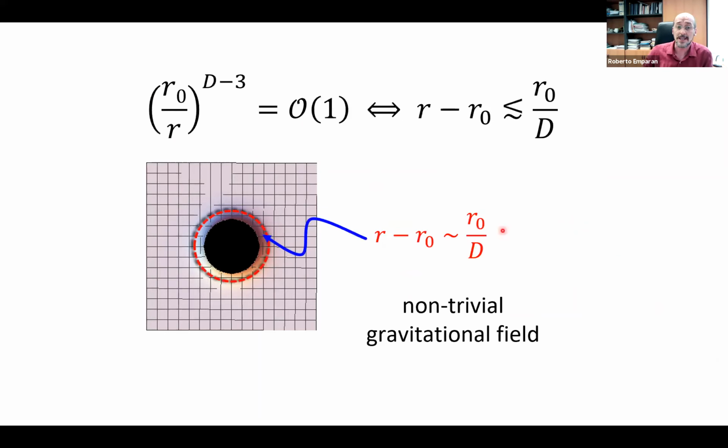But on the other hand, you can take the limit in a different way, where you focus on a thin sliver around the horizon, a sliver of thickness 1 over D. This is the region where the gravitational potential remains non-trivial, non-zero. So this thin region around the black hole is where the gravitational field effects are going to be concentrated in this limit. And that's what will enable us to isolate gravitational dynamics in an efficient way.